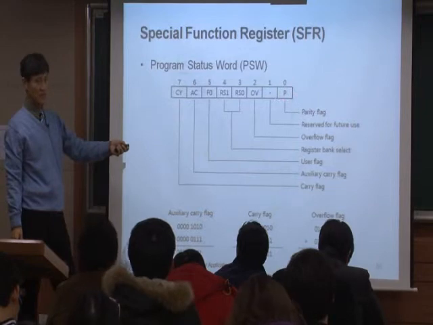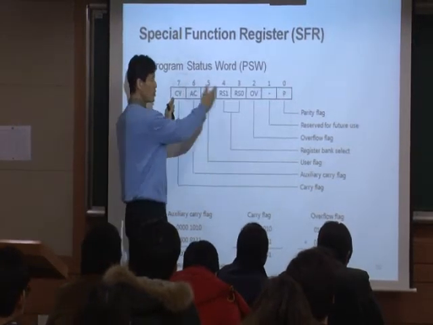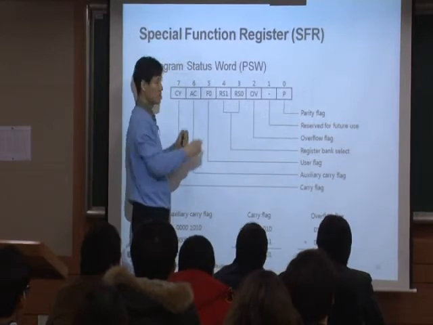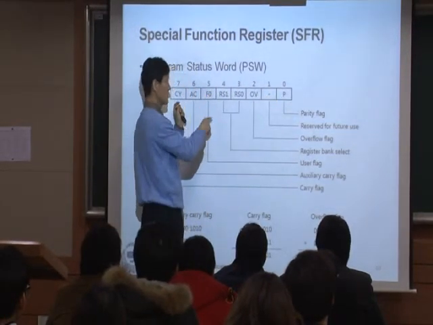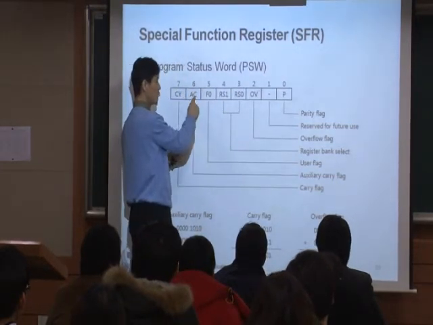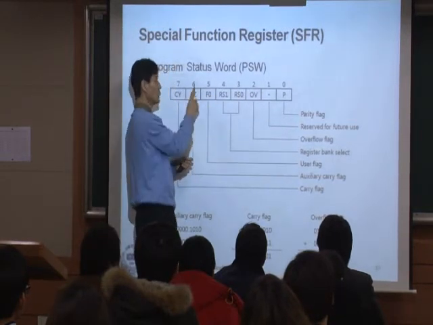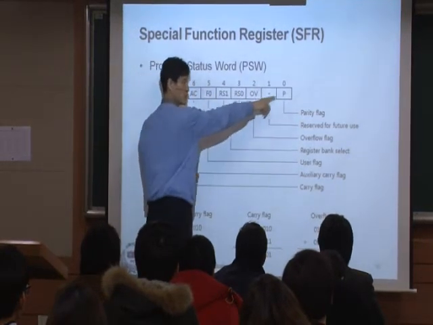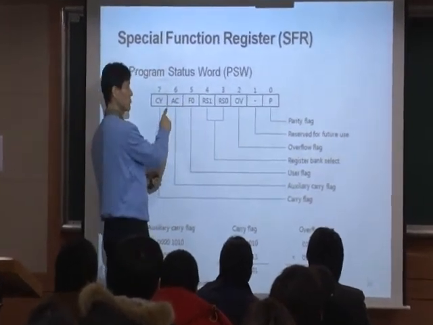Okay? What is parity? Last one. It's not important, but the parity actually counts the number of ones. Okay? So we have 8 bits here, right? You just simply count the number of ones. If you have all 0, then it's a 0. If you have 0, 1, 0, 0, 0, then we have only 1, right? In that case, it's 1. What if you have 2 ones?